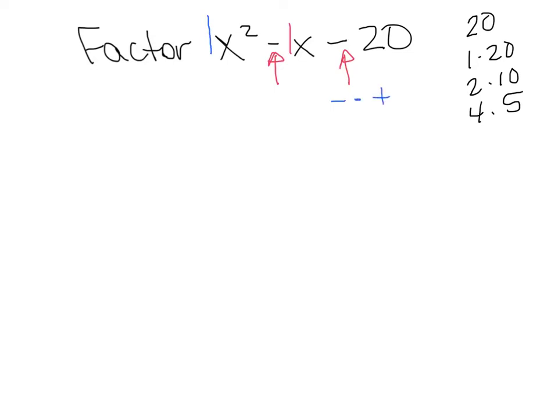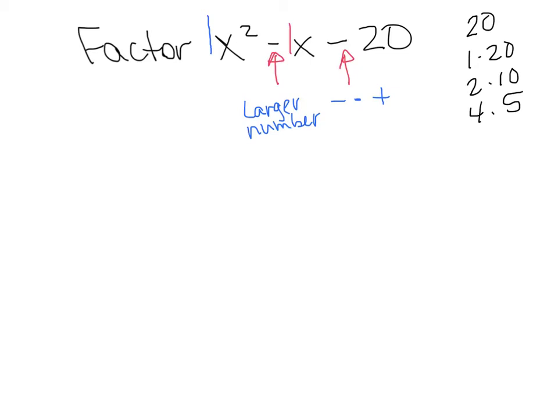So this middle term, the coefficient of the middle term, tells me that the larger number, or the absolute value of the larger number, or I'm sorry, I said that wrong. When I subtract these numbers, the larger number will take the negative.